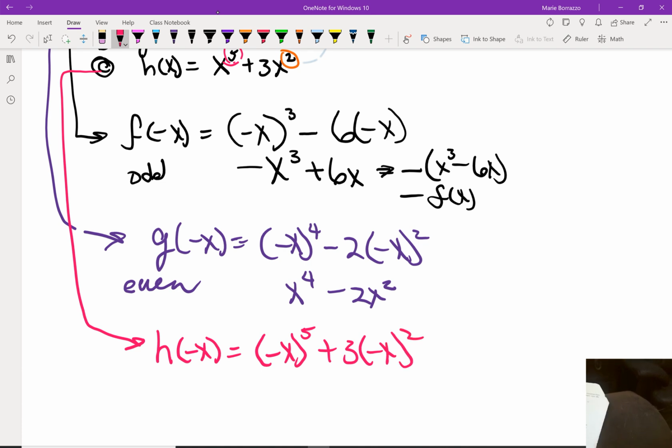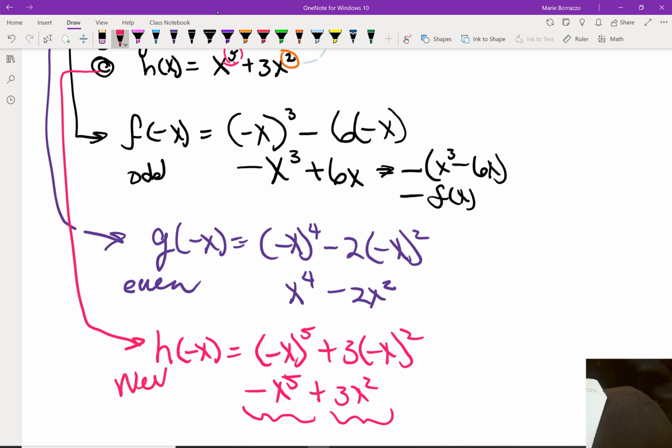So I'm going to get negative x to the fifth plus 3x squared. So you notice it's a mismatch. This does not exactly match the equation. So that's how you know it's neither. Neither odd nor even. I just want to make sure I covered that real quick.